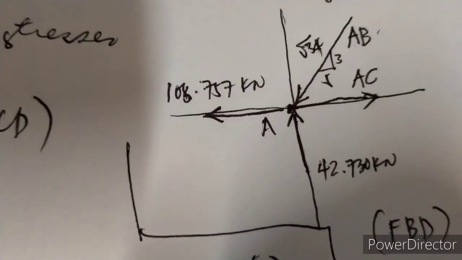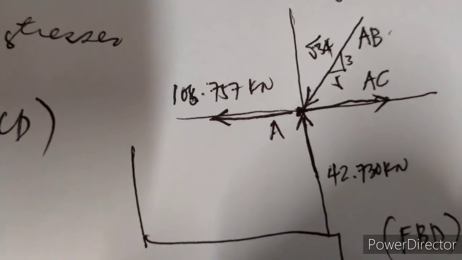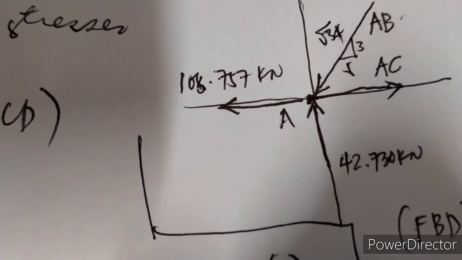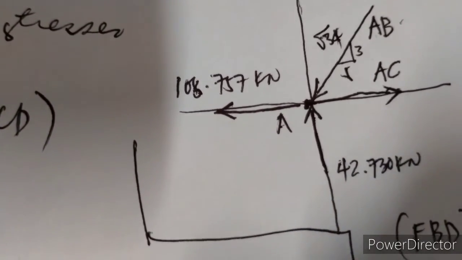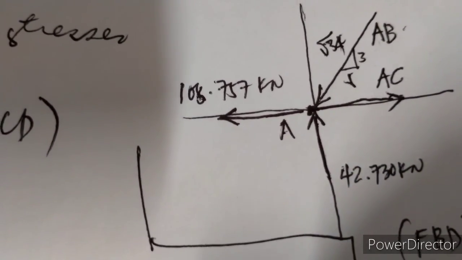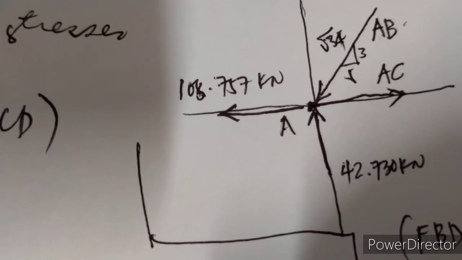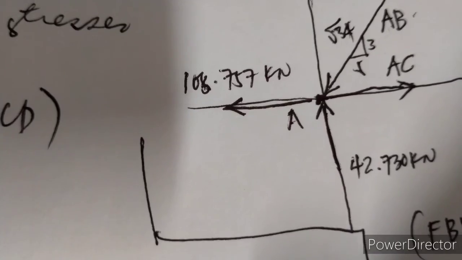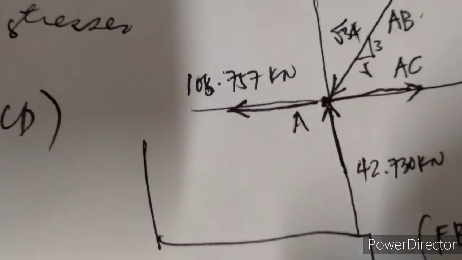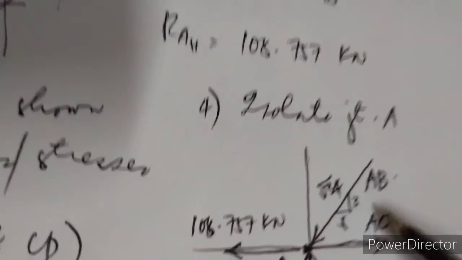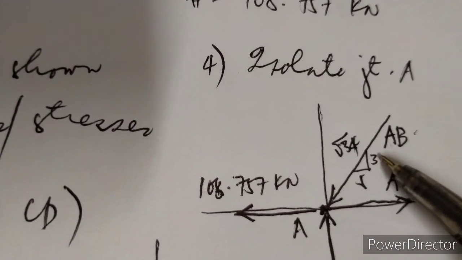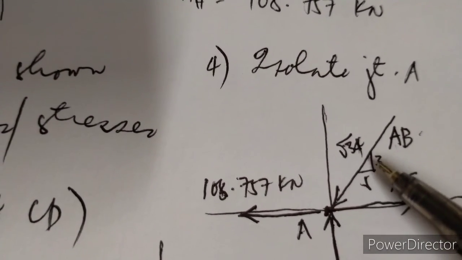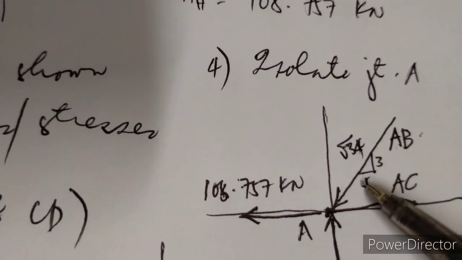So we have 42.73 minus AB times, using your slope, this is the rise and the run.